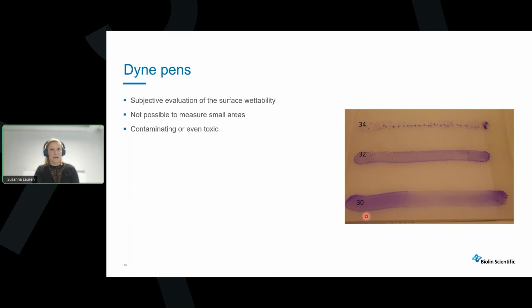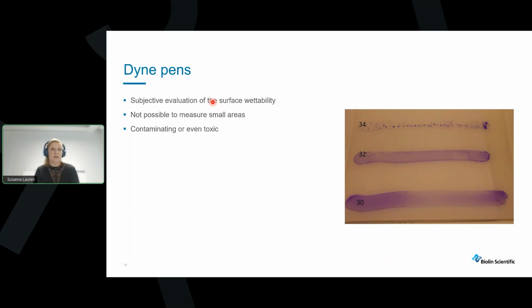And then by just looking at how the ink with different surface tension values behave on the surface, you get some sort of an estimate of the surface free energy of your solid. However, as you can see from this picture as well, it is quite subjective evaluation of the surface wettability. So it can vary quite a bit from person to person what they would determine the surface free energy of the solid to be based on how the ink behaves on the surface.